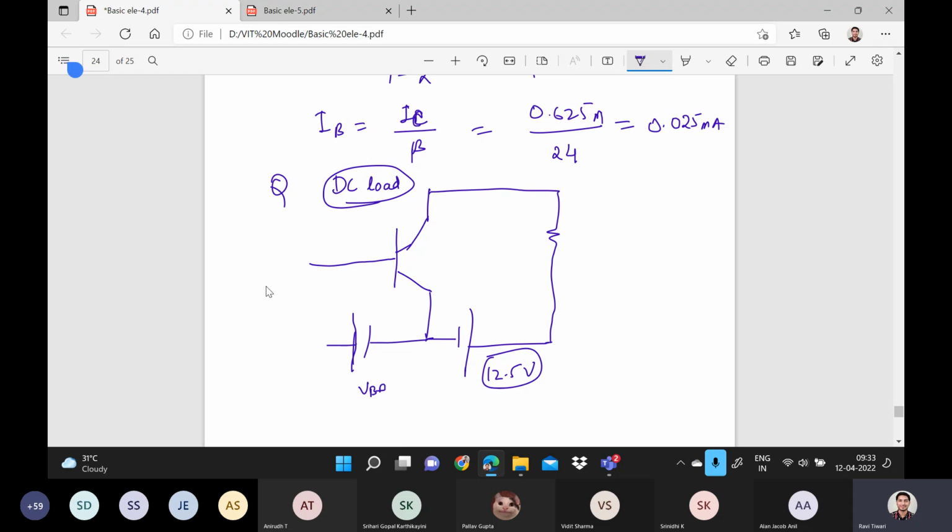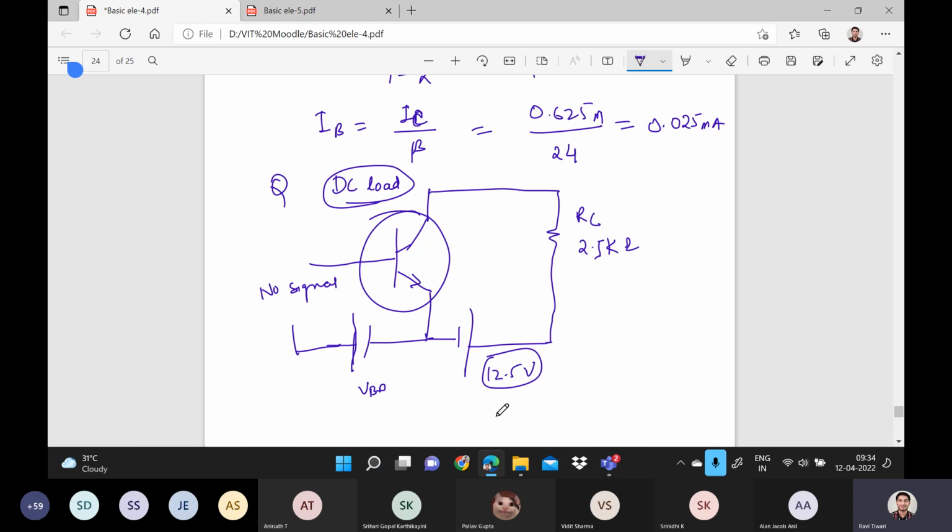For the DC load line, you have to assume that there is no signal. This is one BJT, with the direction of current like this, and this is 2.5 kilo ohms. This is the value of RC.